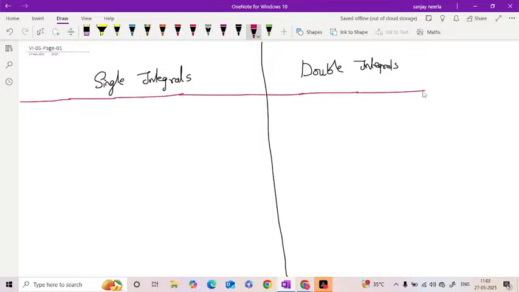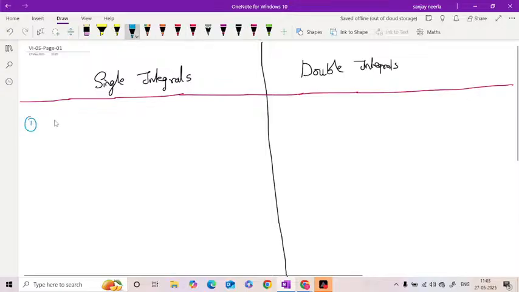what is the integration of a to b of 1 dx? What is the expected result? So it is the real line, and assume this is the left hand and this is the right hand.